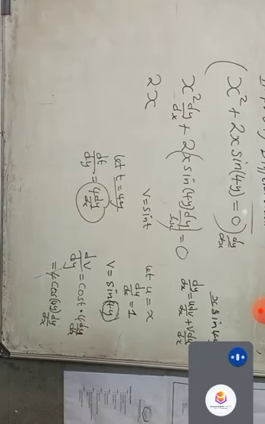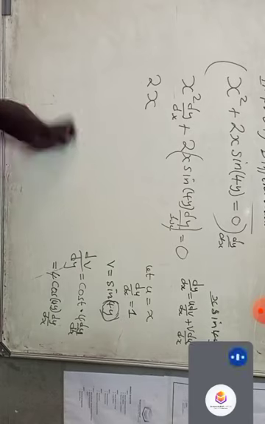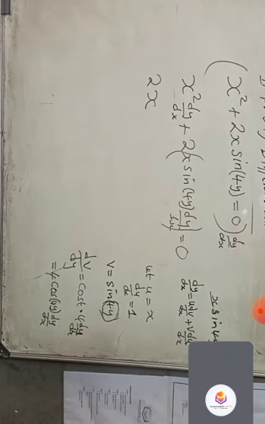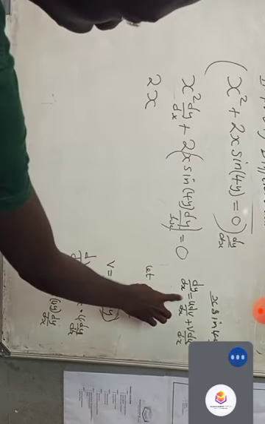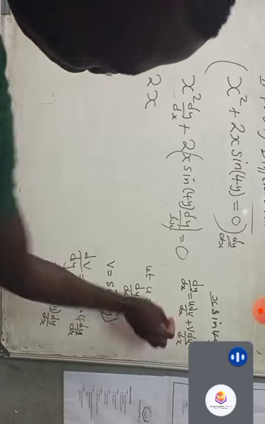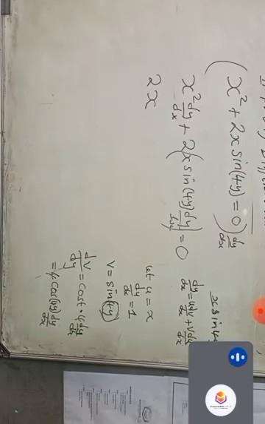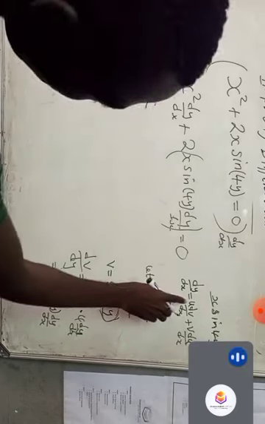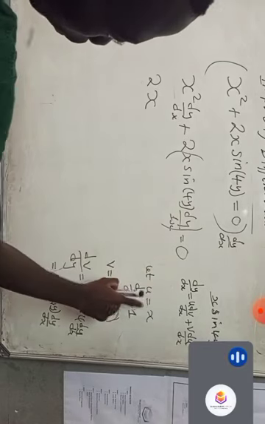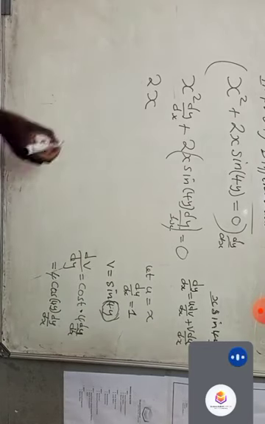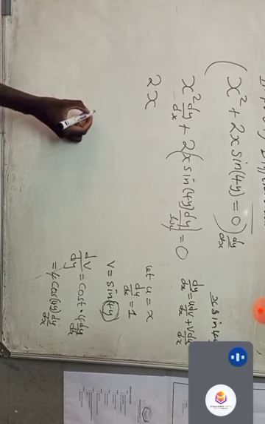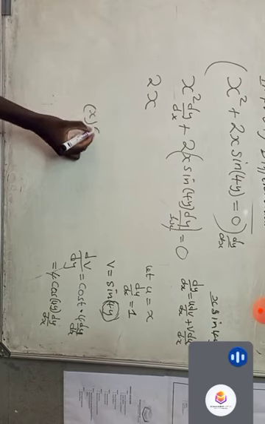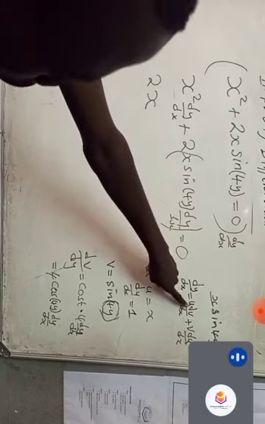Now, what you are going to do is replace in this formula: u dv dx plus v du dx. Now I'll replace where there is u by x. So we are going to have x multiplied by dv dx.